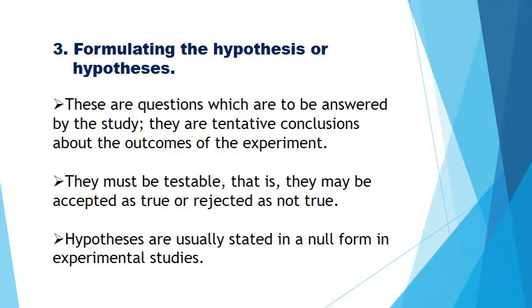The third step is formulating the hypothesis or hypotheses. These are questions which are to be answered by the study. They are tentative conclusions about the outcomes of the experiment. They must be testable. They may be accepted as true or rejected as not true. Hypotheses are usually stated in a null form in experimental studies.